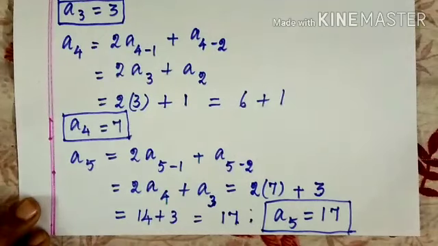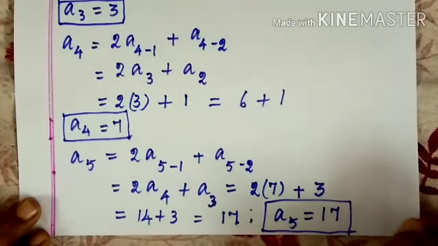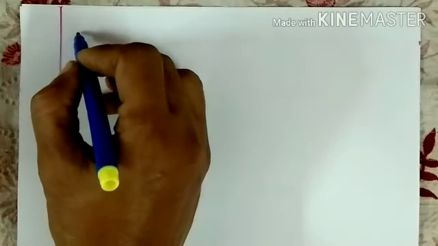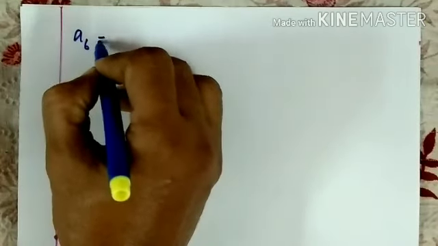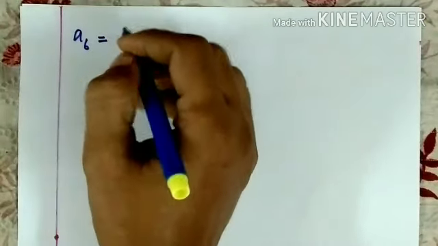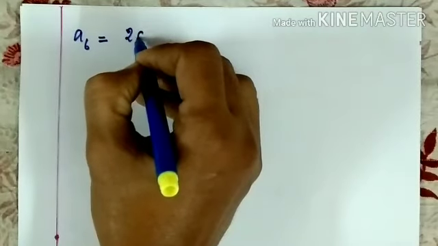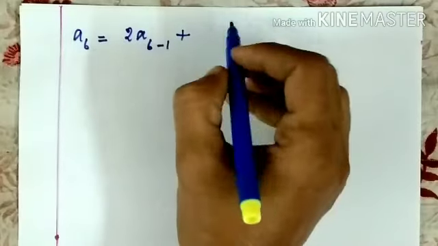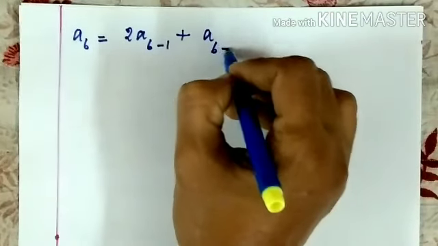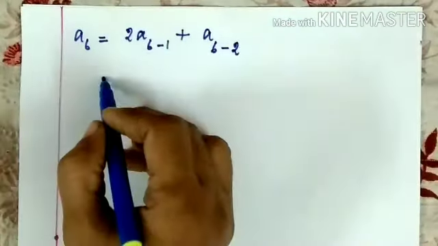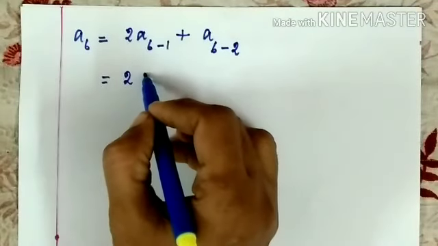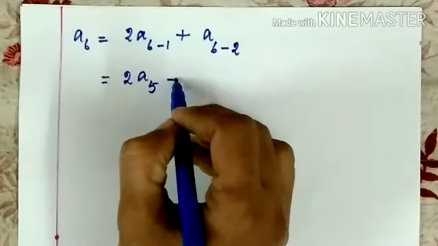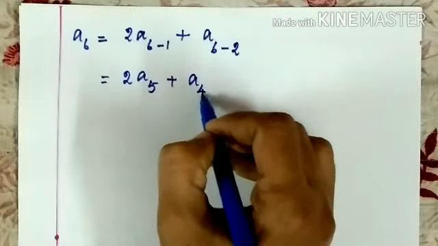In this question they are asking 6 terms of the sequence. So next you have to find A6 also. For n is equal to 6, therefore A6 is equal to 2A(6 minus 1) plus A(6 minus 2), that is equal to 2A5 plus A4.